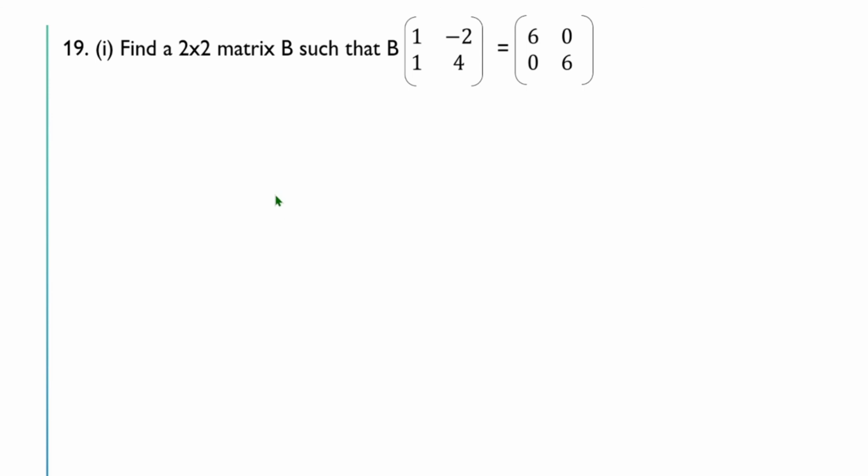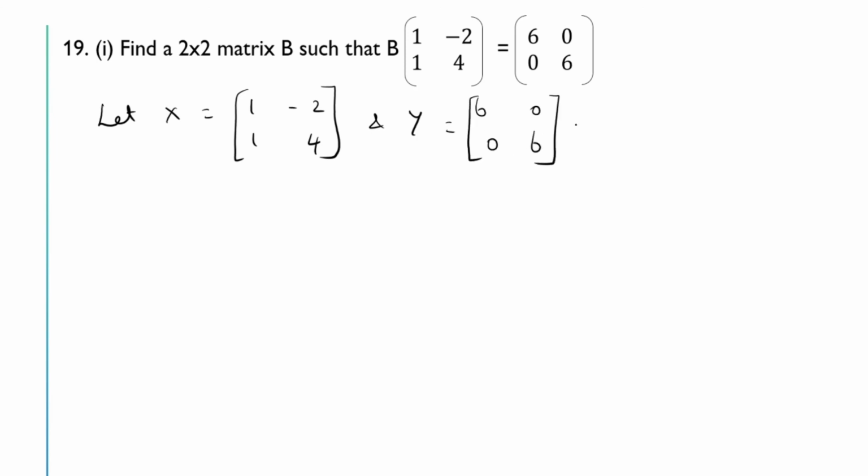Next question, find a 2 by 2 matrix B such that B into 1, minus 2, 1, 4 is equal to 6, 0, 0, 6. So here let us take X equal to the matrix 1, minus 2, 1, 4 and Y is equal to the matrix 6, 0, 0, 6.